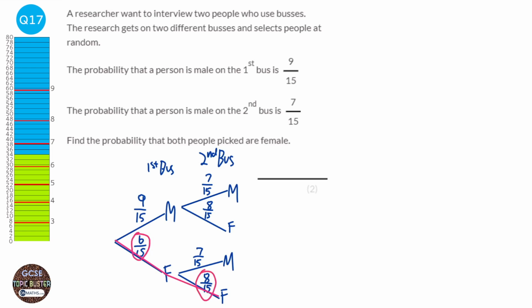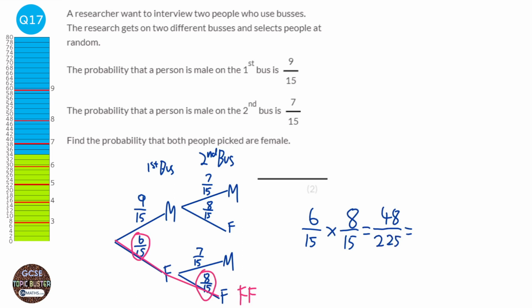So whenever you're finding the probability of getting to an outcome, so this outcome will be FF, because they're both female, you are multiplying the fractions that you go across. So it would be 6 over 15 times 8 over 15. So 6 times 8 is 48. And times the bottoms, 15 times 15 is 225.